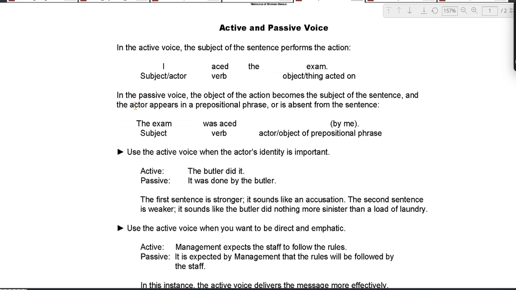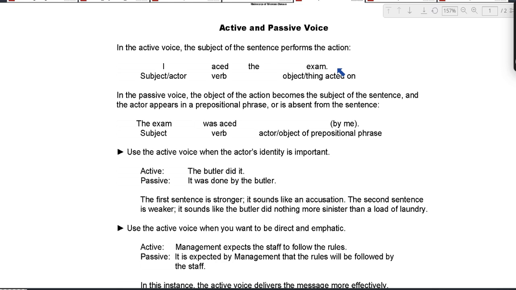No. So let's take a quick look here. In the active voice, the subject of the sentence performs the action. So you see here the subject is I.